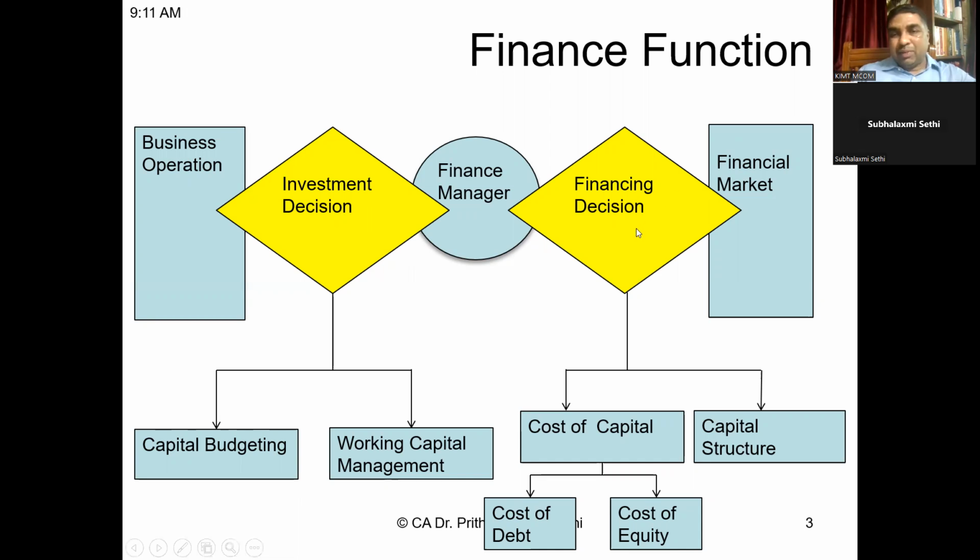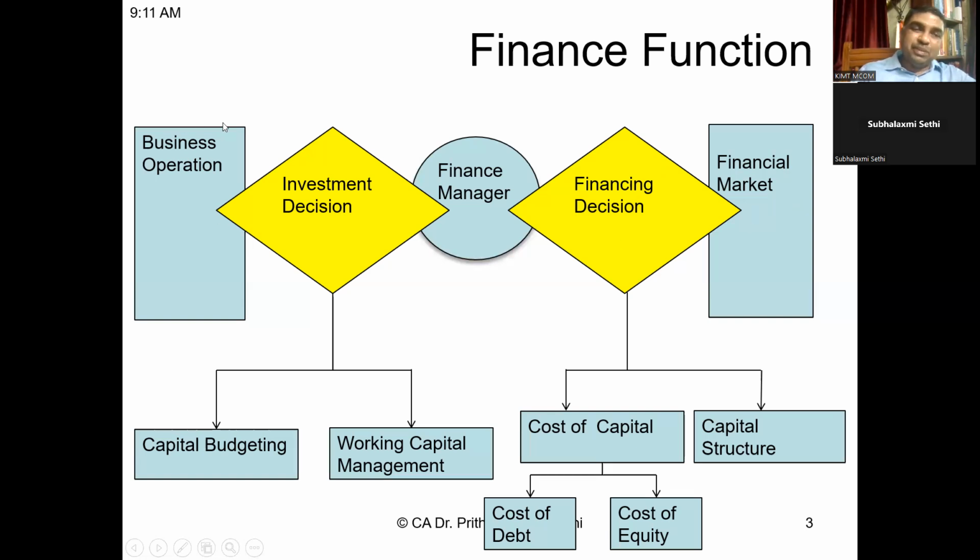He also takes the financing decision. When he takes this financing decision, he considers the financial market, in which various types of financial instruments are available. Their costs are different. So considering this financial market, he takes the financing decision.